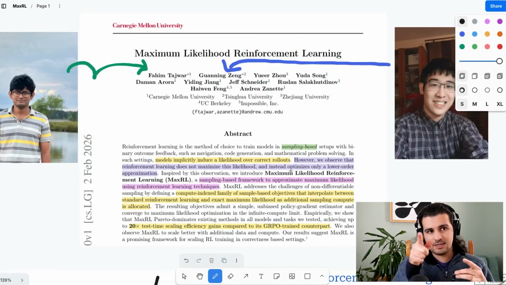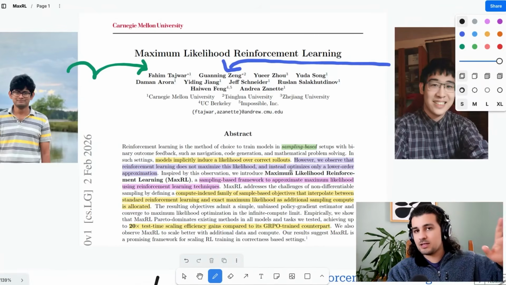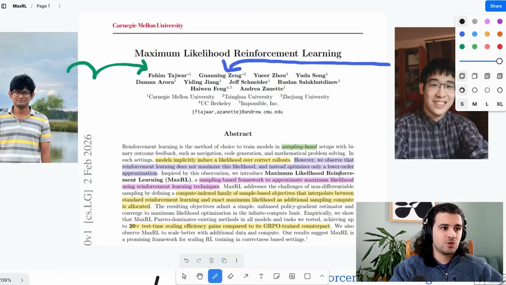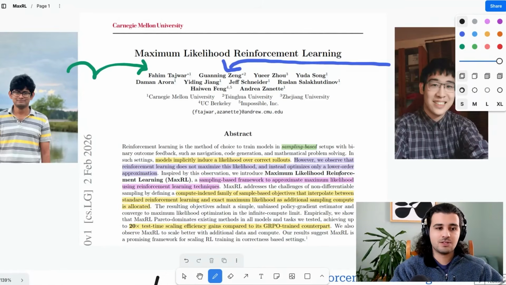You're going to see shortly why maximum likelihood was a target for them, but just so you know, maximum likelihood in supervised learning is great. It's a great objective to hit for. So that's the overall idea. If we're able to get there, we should alleviate some of the problems of RL at the moment.